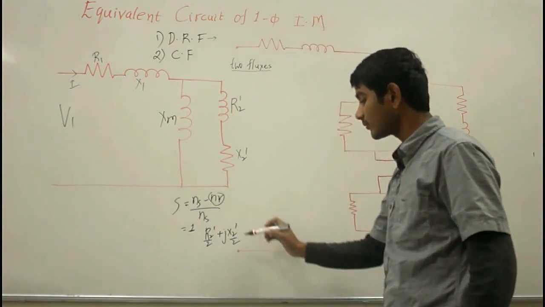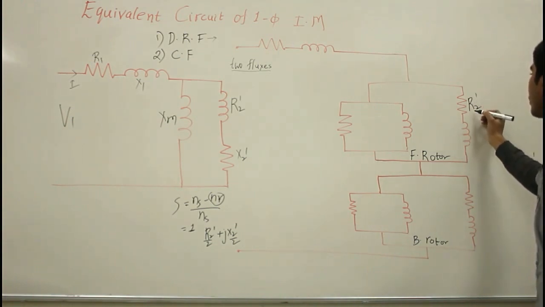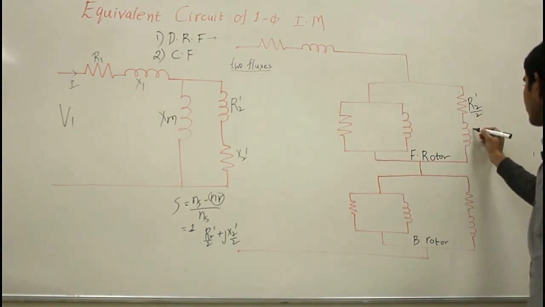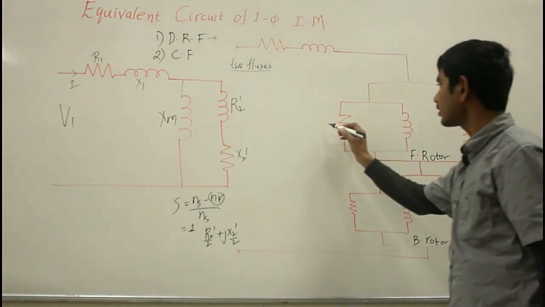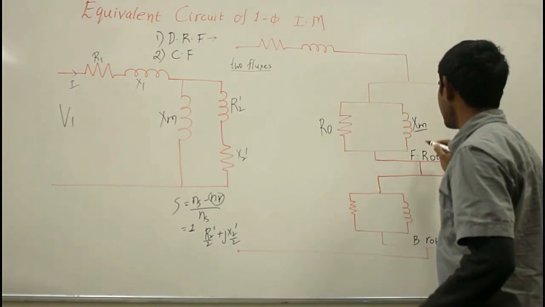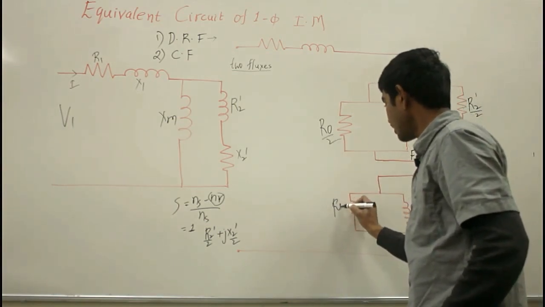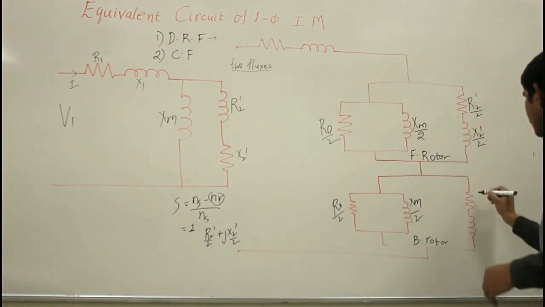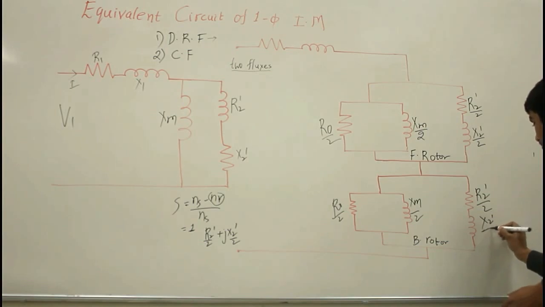Now if you consider this, that is R2 prime by 2, the rotor resistance referred to the main stator winding, and this is the rotor leakage reactance referred to the main stator winding. Here this is the core loss component R0 by 2, and this is the magnetizing reactance Xm by 2. Similarly for the backward field flux, R0 by 2 and Xm by 2, then R2 prime by 2, the rotor resistance referred to the main stator winding, and X2 dash by 2.